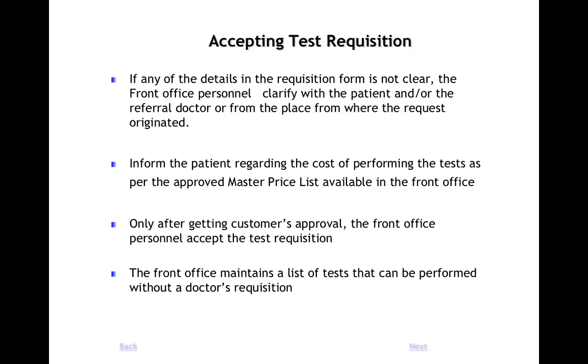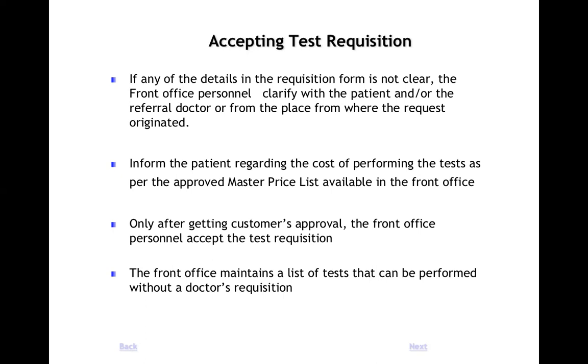Sometimes what happens, some tests may not be clear to you. What is written? See, sometimes patients write BU/SCR or SC. What they are trying to say is blood urea and serum creatinine.